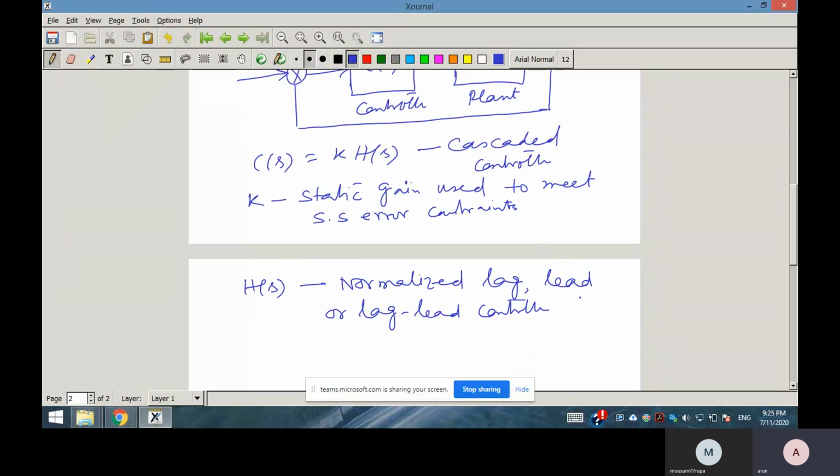H(s) is made normalized so that the steady state error requirement can be met by using K, and H(s) will be used to meet the other two specifications, phase margin and GCF.